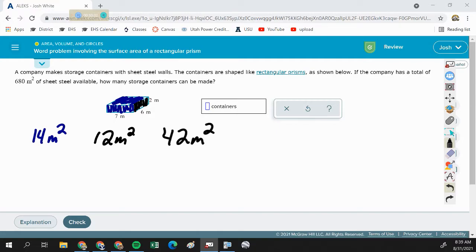And you'll notice each one of those shapes has a duplicate shape on the other side of the prism. So should I times them all by 2 and add them together? Or should I add them all together and then times everything by 2? Does it matter?